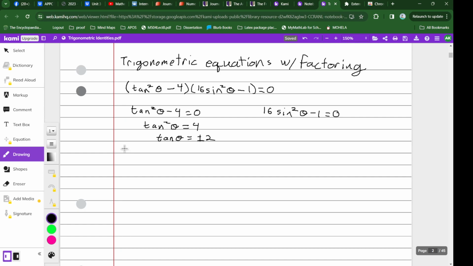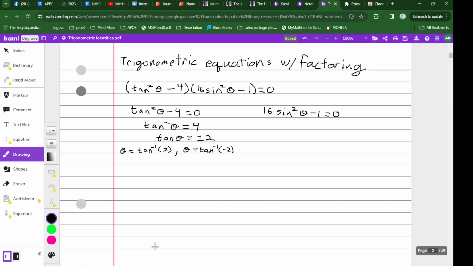Which really means that theta is going to equal the tan inverse or arctangent of 2, and theta is going to equal tan inverse or arctangent of negative 2.